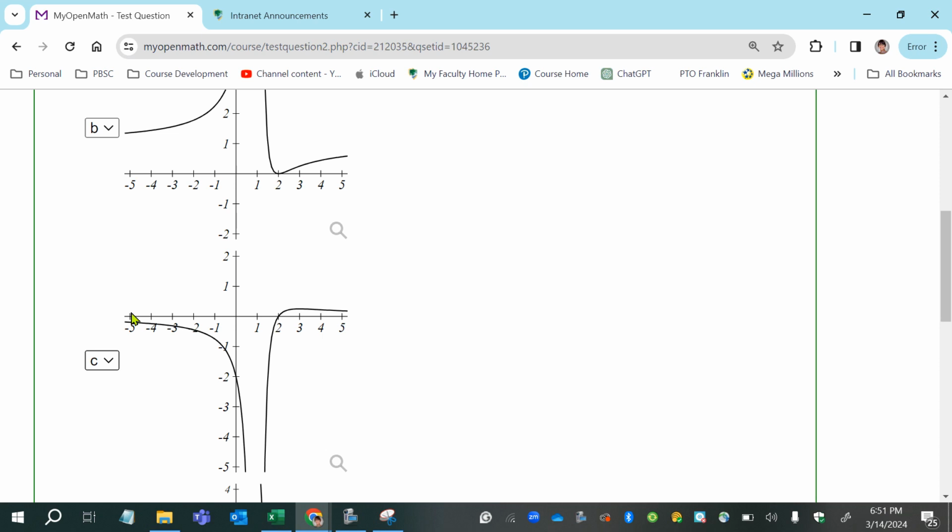So you'll notice that on the x-axis, the horizontal asymptote, if you look at the ends on the right, you see that this function is hugging very close to that x-axis. And also on the other end, you see the same thing happening.